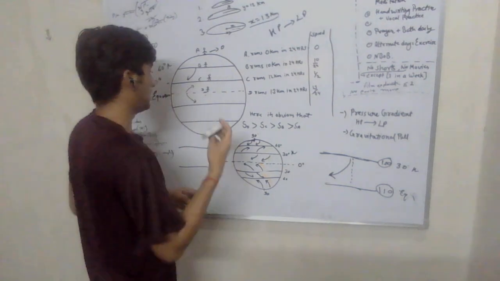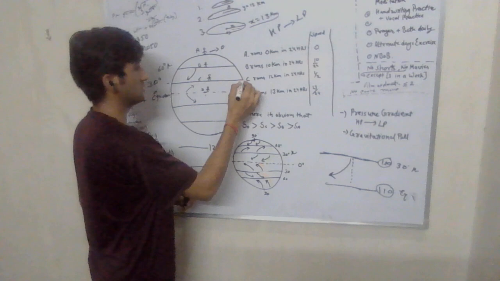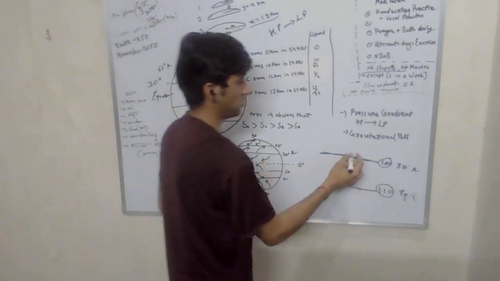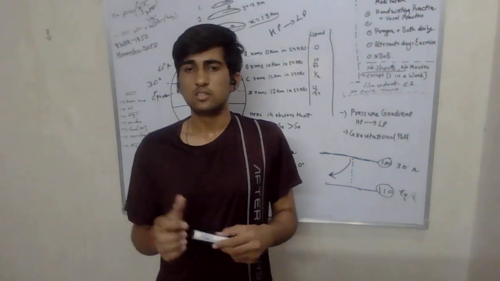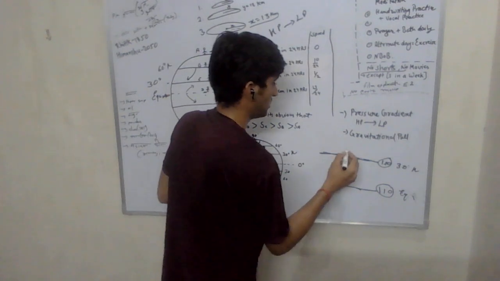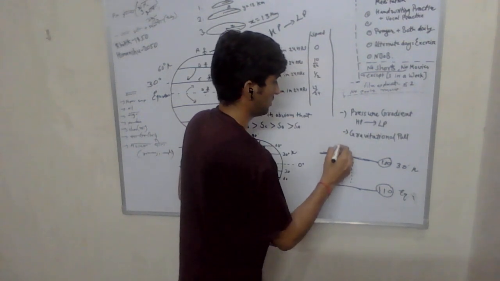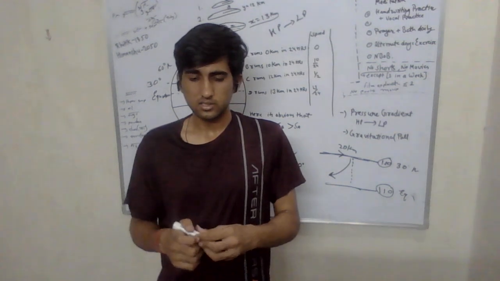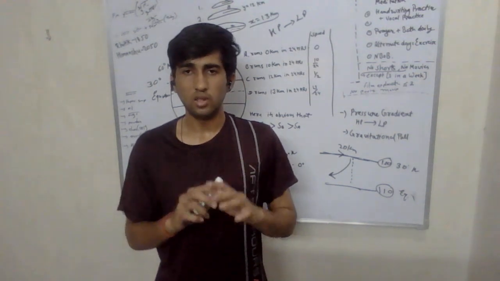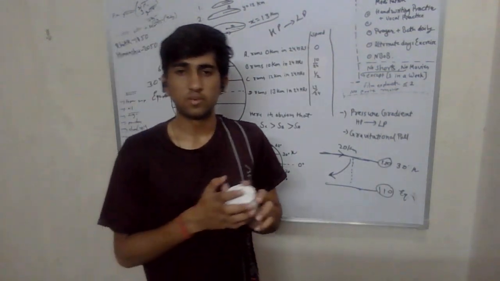So let's say the air at 30-degree latitude was moving at the speed of 20 kilometer per hour with the earth, okay, 20 kilometer per hour. Let me tell you what I want to do.